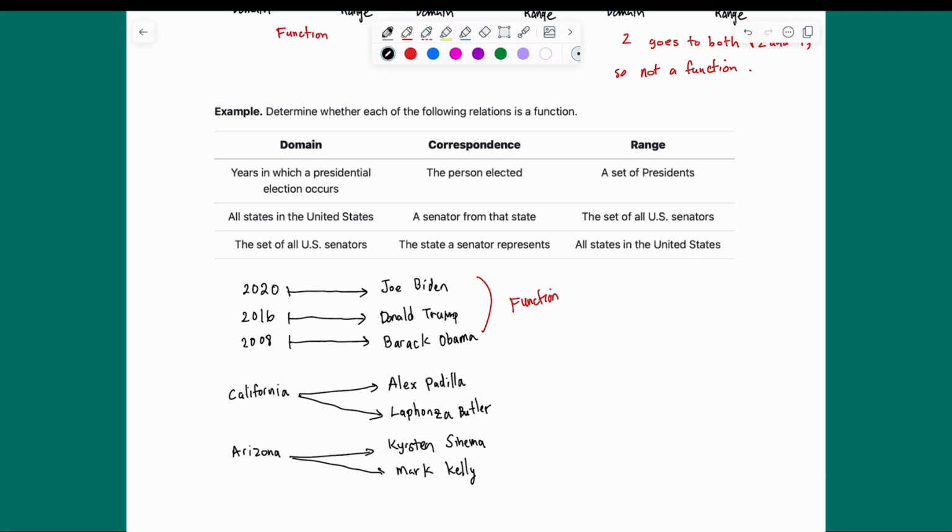And of course, we have other states, and they would get mapped to their senators. Each state has 2 senators, and therefore you could see this violates the definition of a function. Every member in the domain does not correspond to exactly one member in the range, and therefore this is not a function.